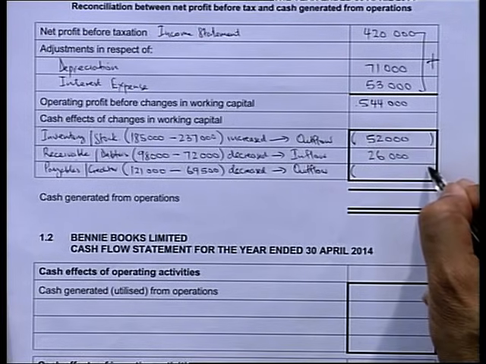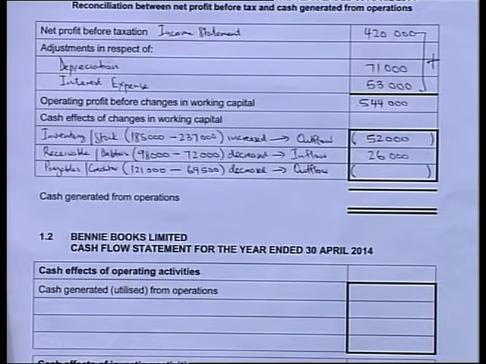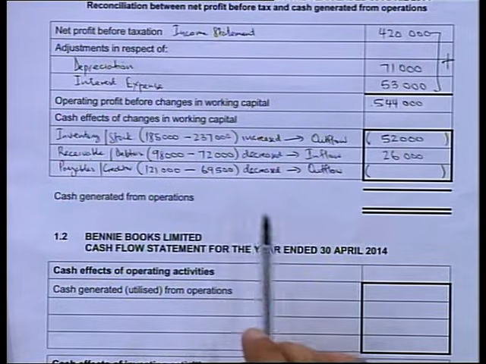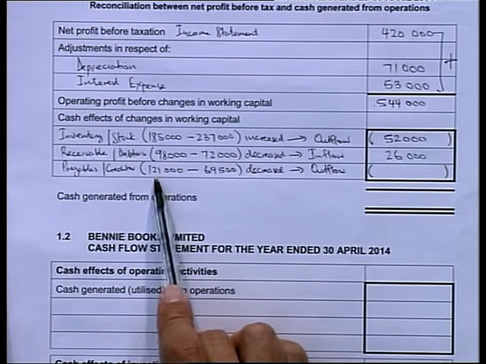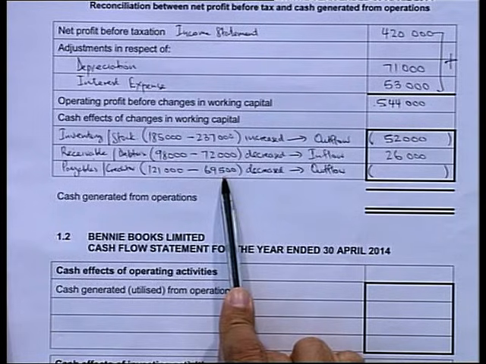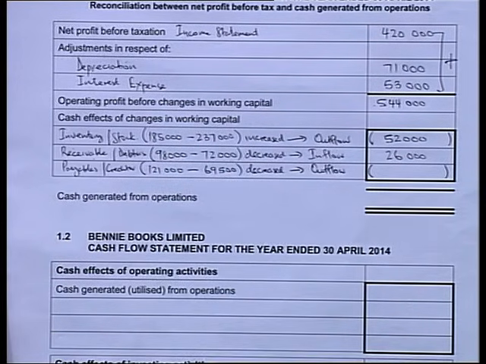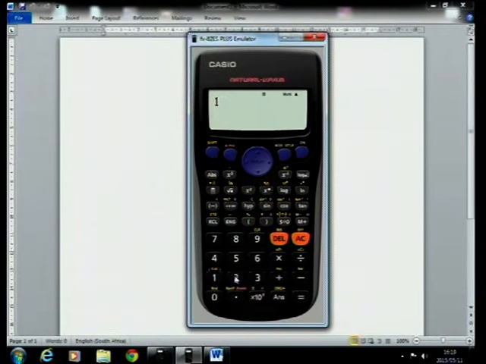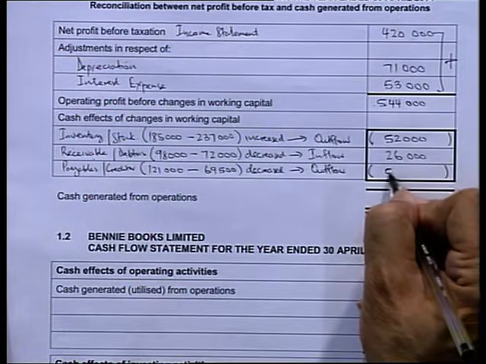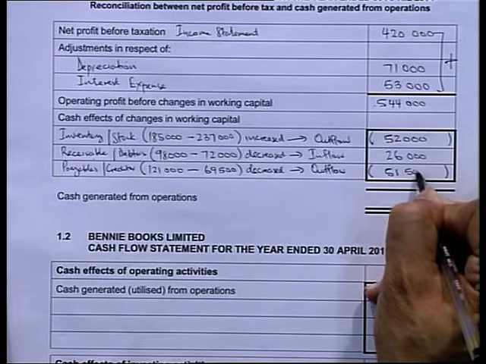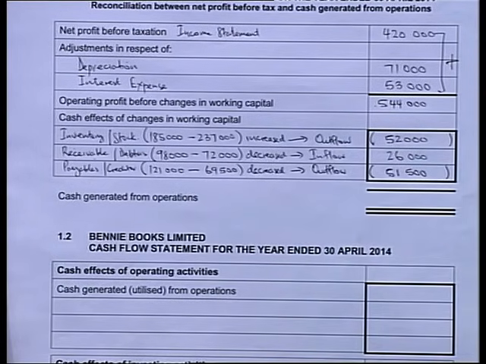So once again, if it's an outflow, we have to indicate the amount in brackets, and in this case it will just be the difference between 121,000 and 69,500. So it's 121,000 minus 69,500. We're going to get 51,500.